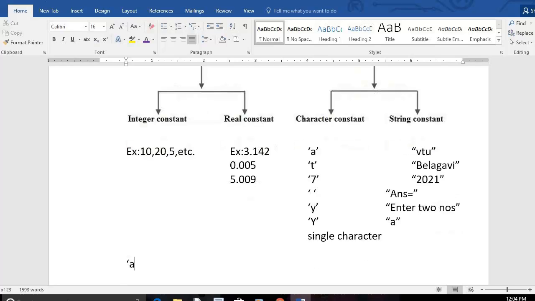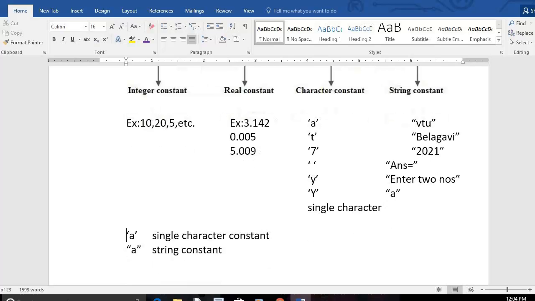In single quote if you write a, this is a single character constant. If you write in double quote, this is called a string constant. There is a difference. If you write in single quote, in computer's memory only a will be stored, but if you write in double quote, a will be stored, and in the next memory null will be stored.